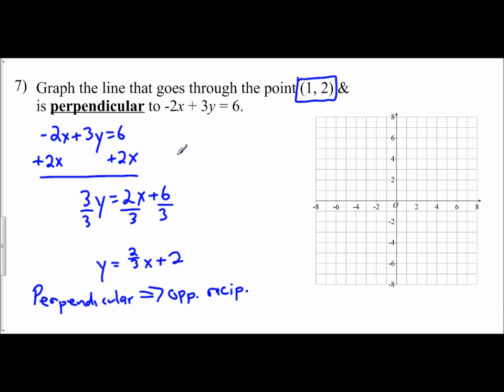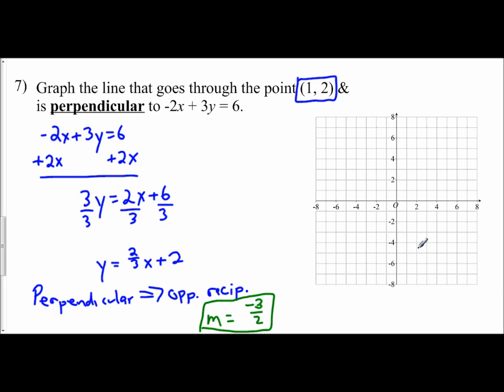And so that means do the opposite sign. So the opposite of positive 2/3, well, it's a positive, so I'm going to have a negative. And then I have to flip what's given to me. So 2/3 becomes 3/2. So the slope I will be using is -3/2.